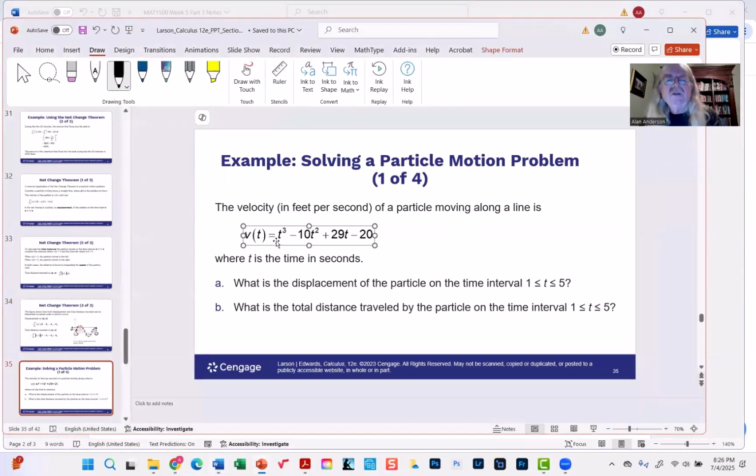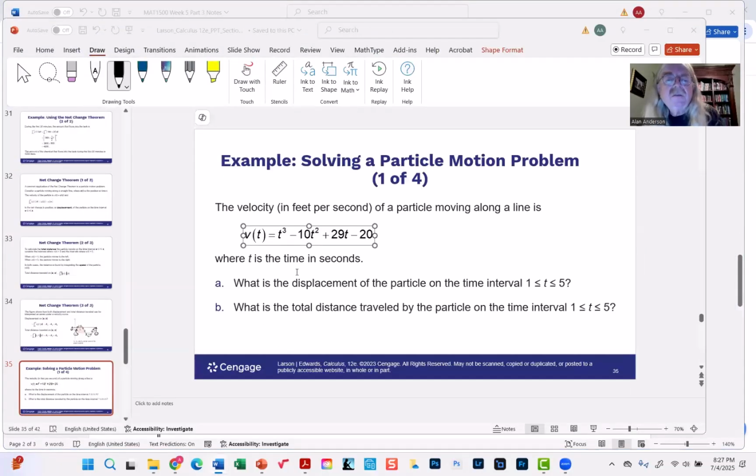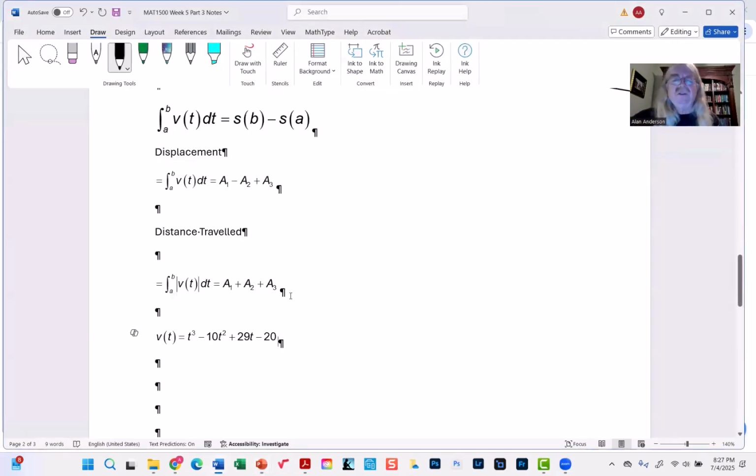So here's a formula for the velocity of a particle moving along the line. And you can see it's a cubic function, so it's going to move up and down along the way. So we're going to start out by calculating the displacement over the interval t equals 1 to 5. Okay, so we're only interested in that range.